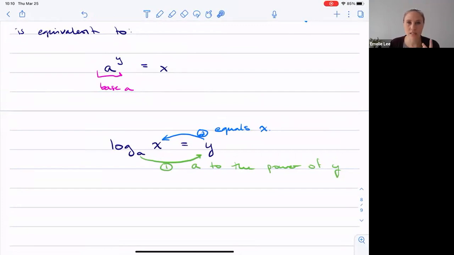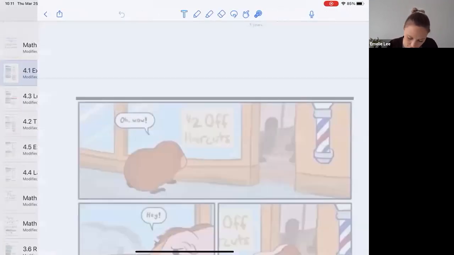So what I want to do is take some of those exponential functions and rewrite them as logarithms. So I'm going to go to 4.1 and grab some exponential functions.